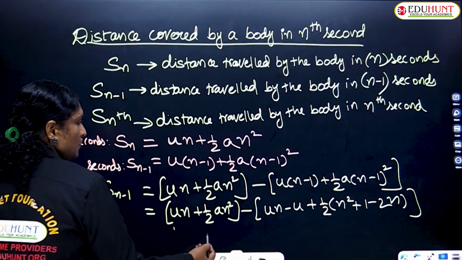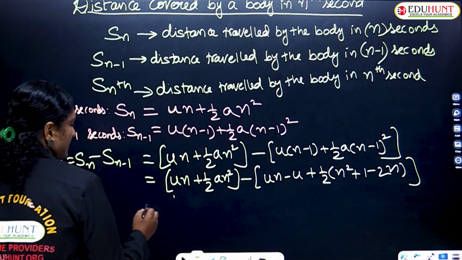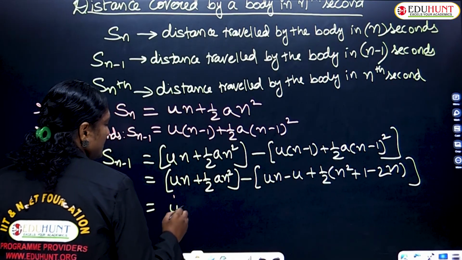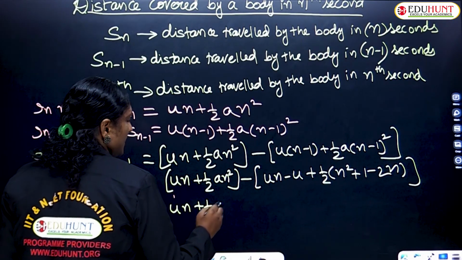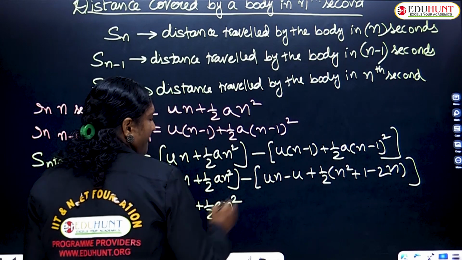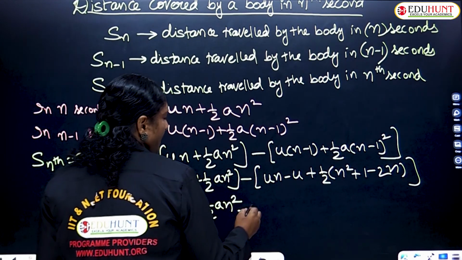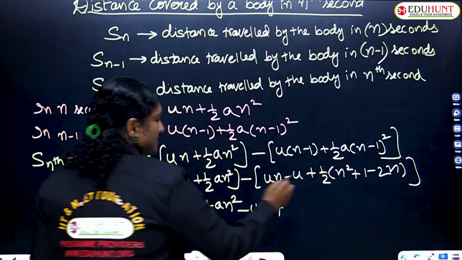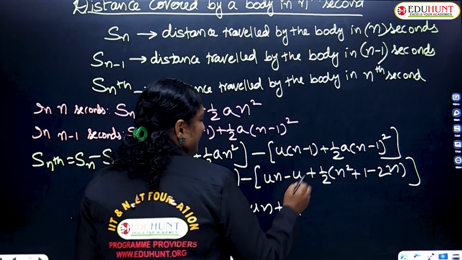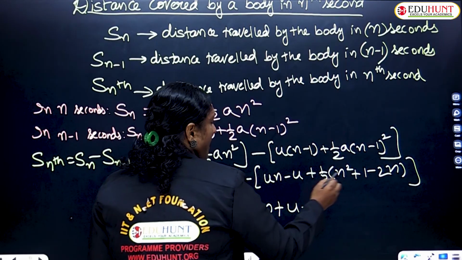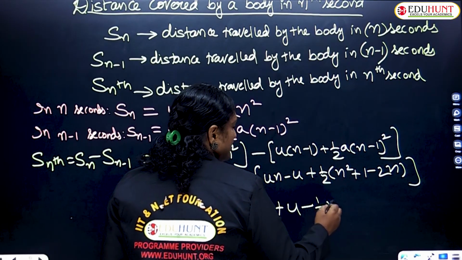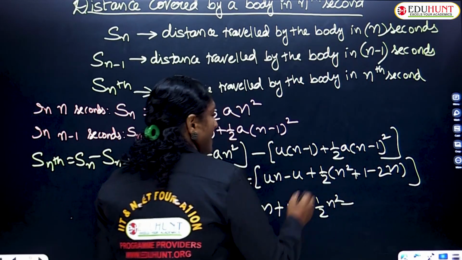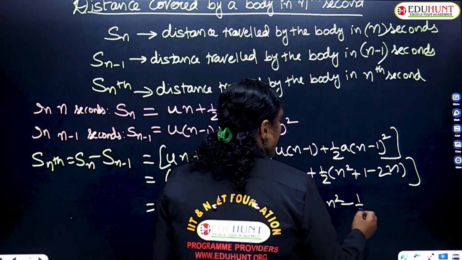Now let us try to open the brackets, children. Then you are left with un plus half an square minus, take it inside, minus un. This minus and this minus will become plus u. Minus and plus will become minus half into n square, that is half n square. Minus and plus is again minus, half into 1 is half.